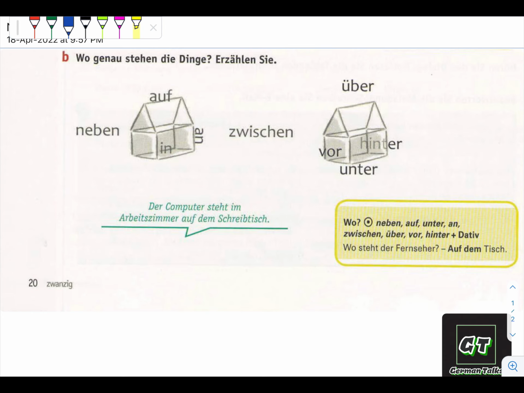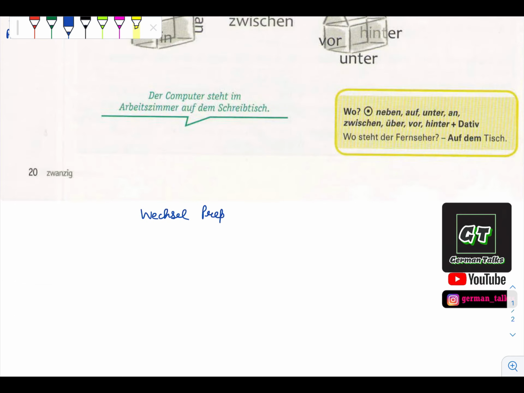Again, this picture is from our book Netzwerk A1, chapter number 8, and the name of the topic is Wechsel preposition. Wechsel prepositions can take both accusative and dative, which we already discussed.